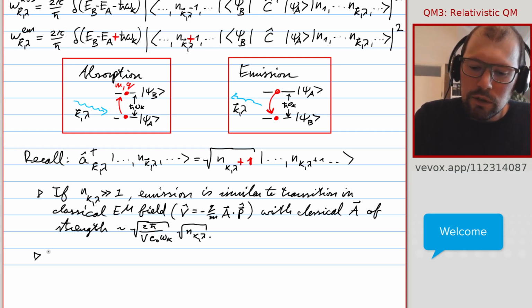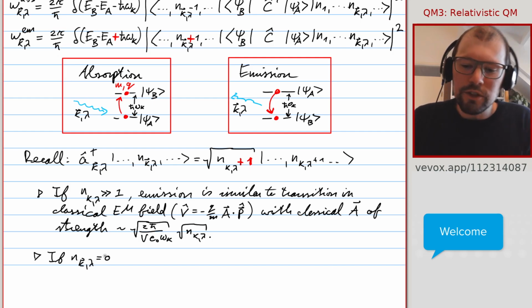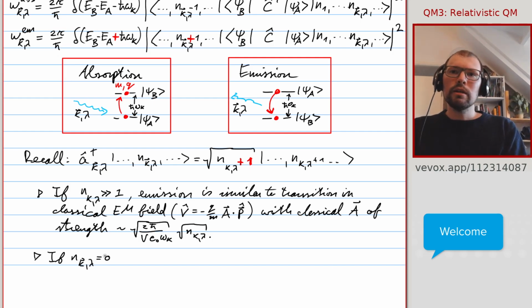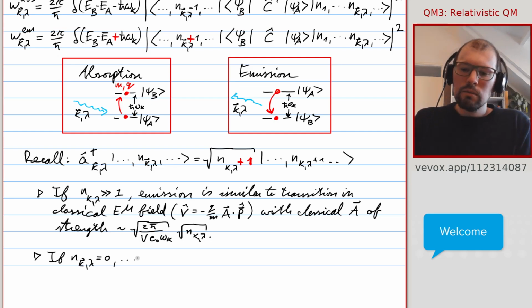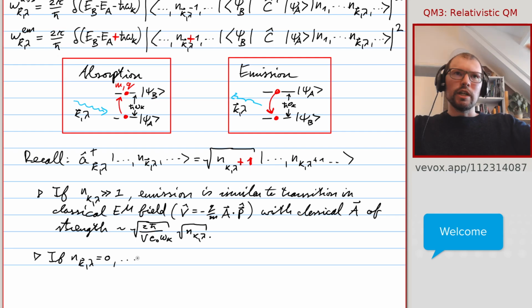But one can also look at the situation, which is a pretty common situation, where you have no photons there, so you're in a vacuum. So what happens when I have an electron in vacuum, so no vector potential present at all? Let's do a quick poll.